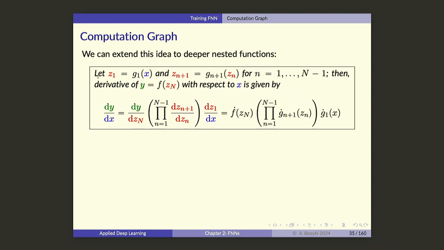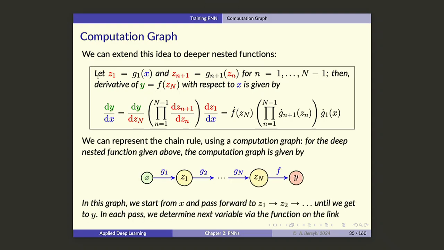If I have, for example, x giving me z1, and then z1 giving me z2, and then z2 giving me z3, and I keep on going till I get to y, and I want to calculate the derivative of y with respect to x, I can start by writing the derivative of y with respect to the immediately previous variable, dzn. And then I go from dzn to dzn minus 1, and so on till I get to the input. So this is the chain rule.